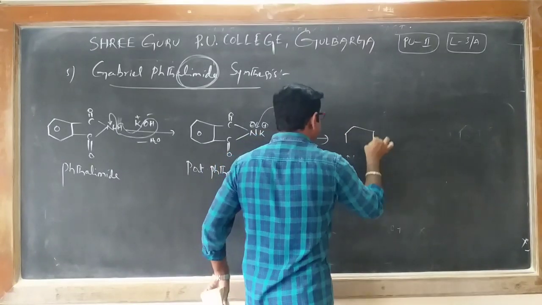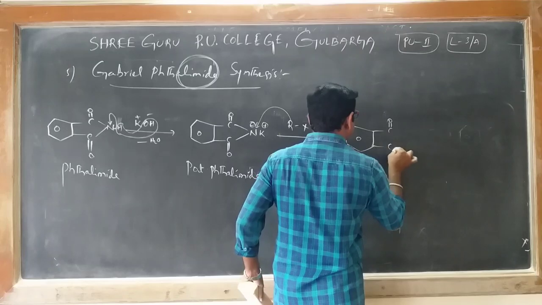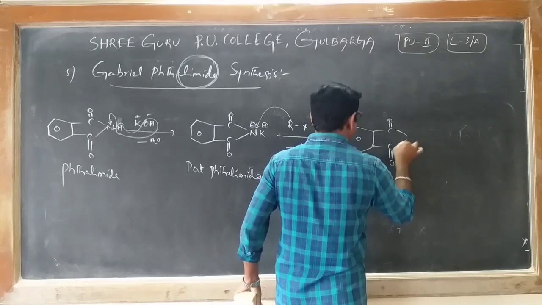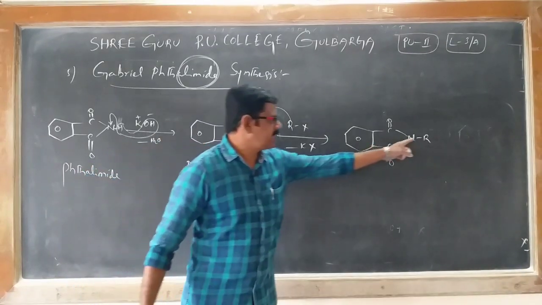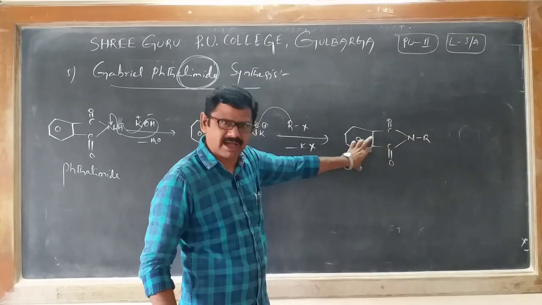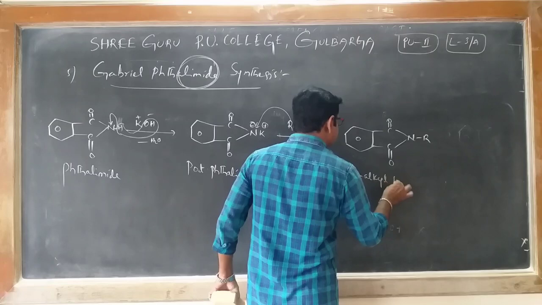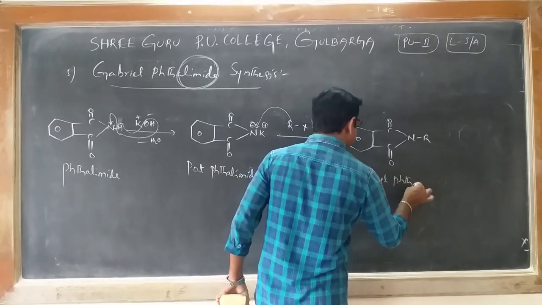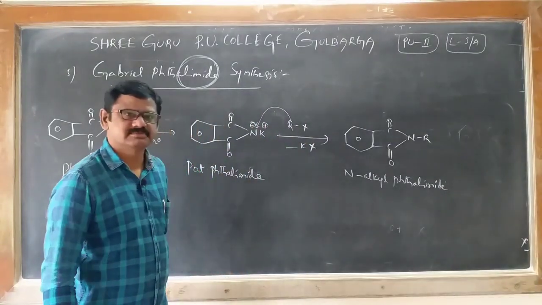Therefore, you will get benzene ring, CO, NR. Its name is N-alkyl phthalimide, where N is for nitrogen.